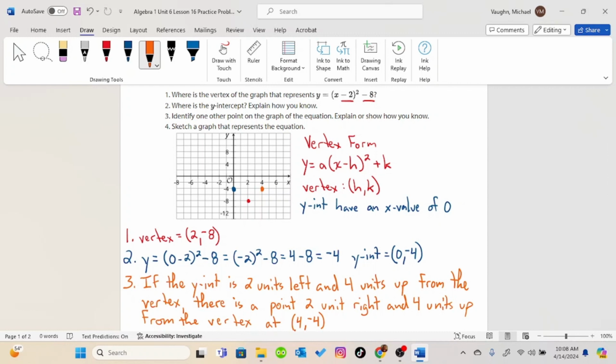Because quadratic equations are graphed by parabolas, and parabolas are symmetric as they move away from the vertex.